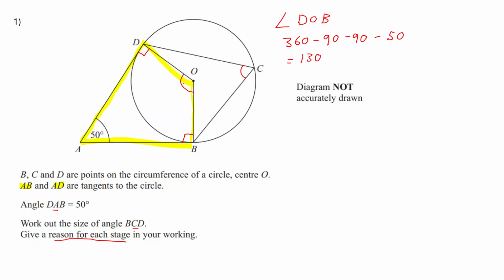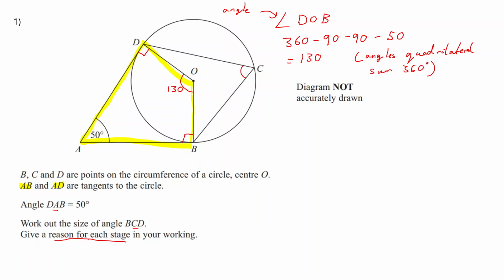So this angle here, angle DOB, where this symbol just means angle, is good notation. This is equal to 130 degrees. And it says state a reason, so I should really say: angles in a quadrilateral sum, which means adds up to, 360 degrees.